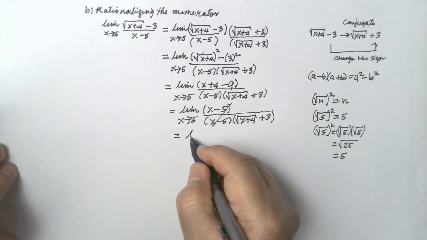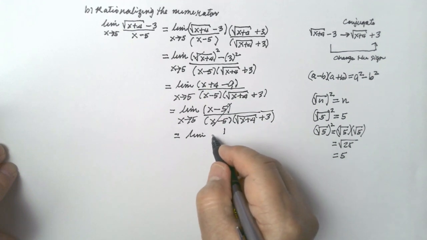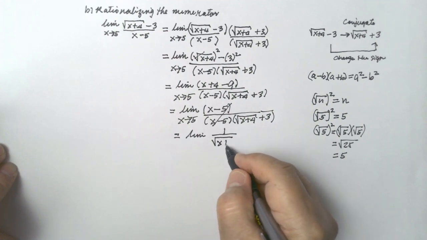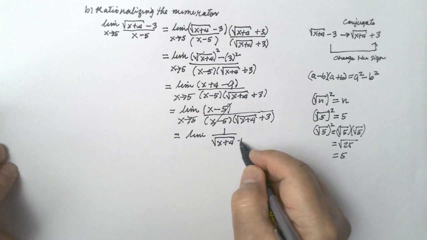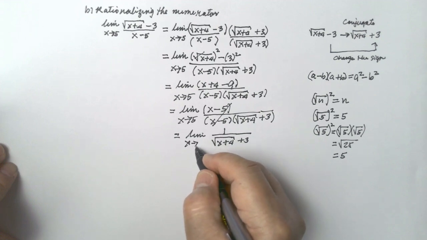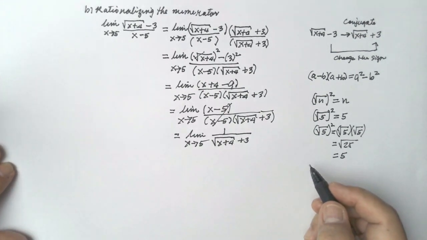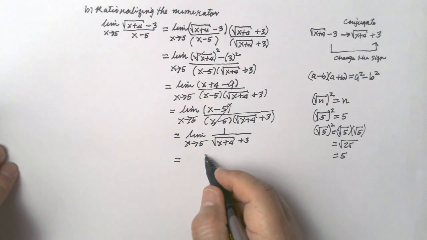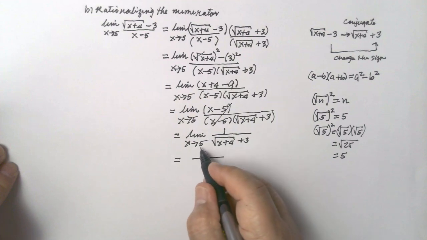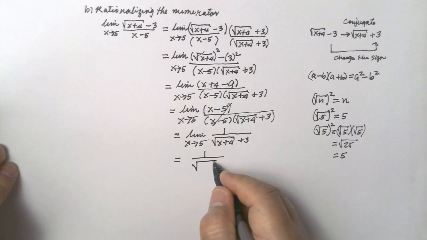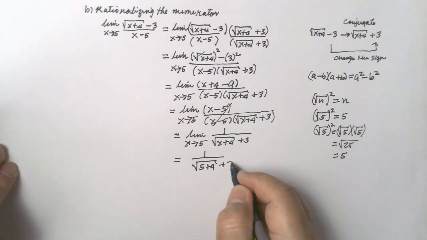We have now the limit of 1 over the square root of x plus 4 plus 3 as x approaches 5. We can now substitute 5 for x. So 1 over the square root of 5 plus 4 plus 3.